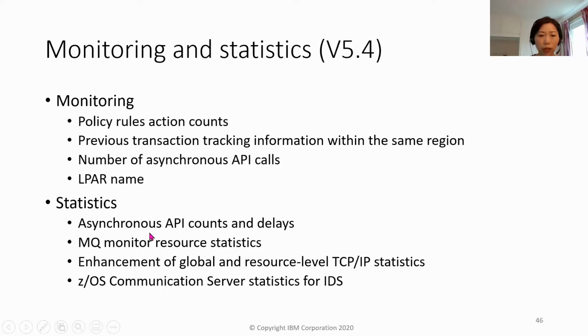Accordingly, we enhanced the statistics for the asynchronous APIs, how many have run in the system, and whether there is any delay in the system because of the asynchronous API start child. We also put in statistics on the MQ monitor resource and enhanced the TCP/IP statistics, etc.